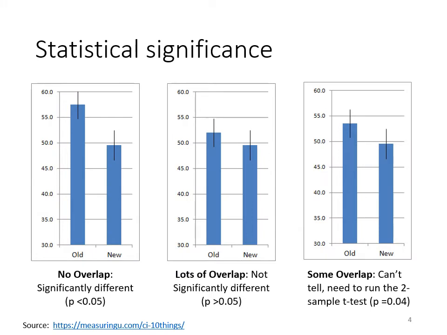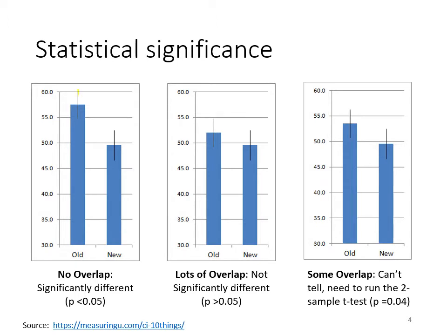Okay, let's start by looking at several sets of graph data. If we look at the graph on the left, we have two means, one about maybe 57, and the other maybe 49, 49.5, somewhere in that range.